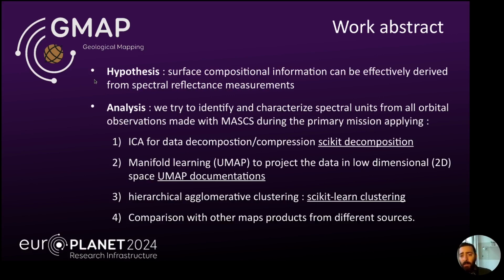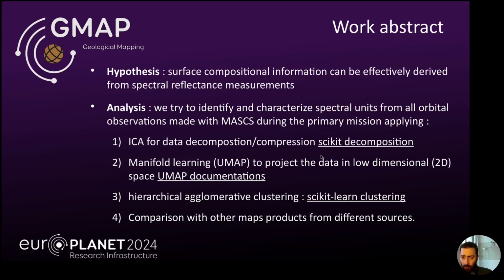We're going to apply the so-called ICA, the independent component analysis, which will be used to decompose or compress the data. We have several bands and we're going to compress them into a smaller space. All of these links are further explanation about those techniques. Then we want to project those compressed datasets, which are not yet small enough to be visualized easily, to 2D.